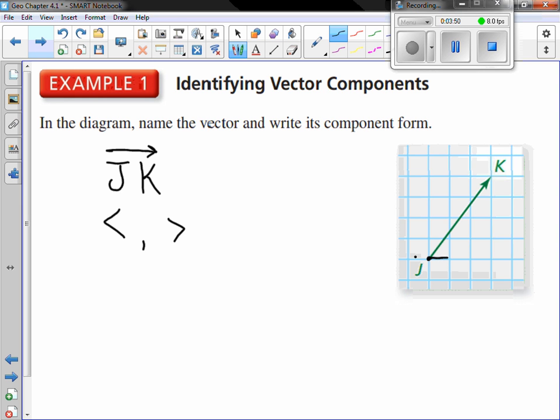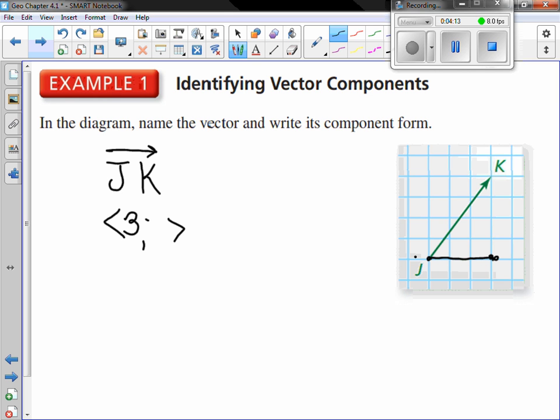Well, it goes over 1, 2, and 3. It's going to move 3 units to the right. So it would be positive or negative 3. It's going to be positive 3 because it's moving to the right. Right is going to be positive, left is going to be negative.